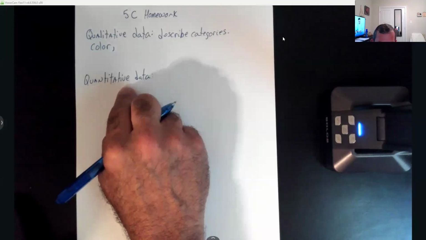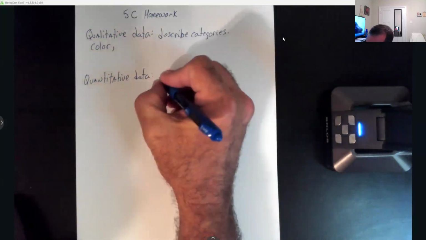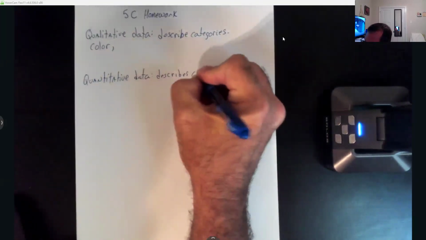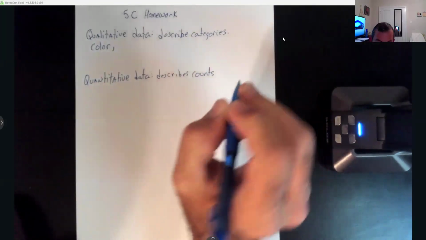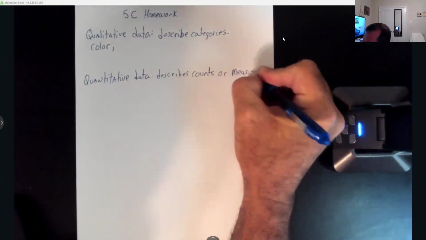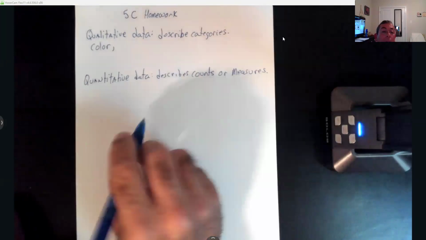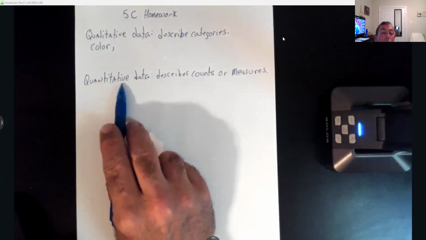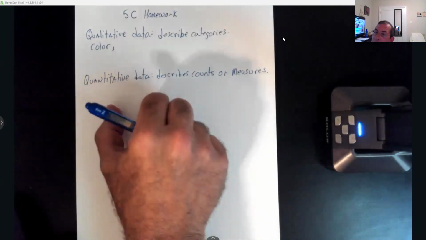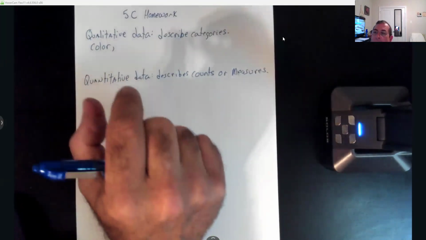Quantitative data, this represents counts. So this describes counts or measures. Okay. So quantitative data could be amounts of paychecks. It is an actual number.